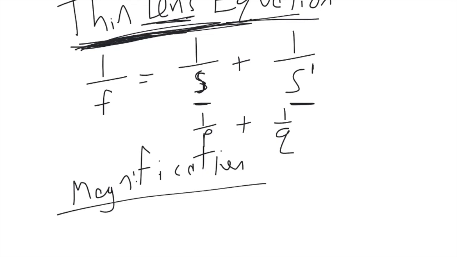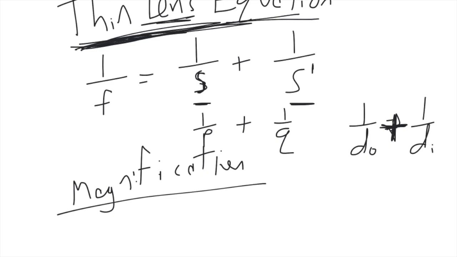I think in my 102 class, their book uses a different terminology. They say 1 over dO equals 1 over di. I probably like that terminology the most because it's the object distance, dO, and the image distance, di. Oh, I screwed that up. That should be plus. There we go.